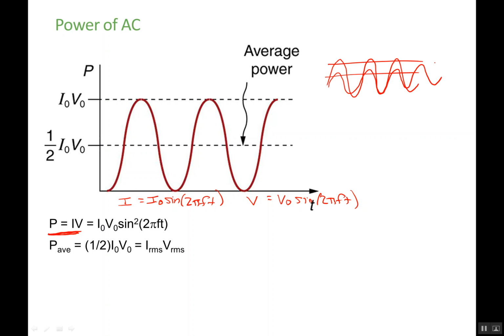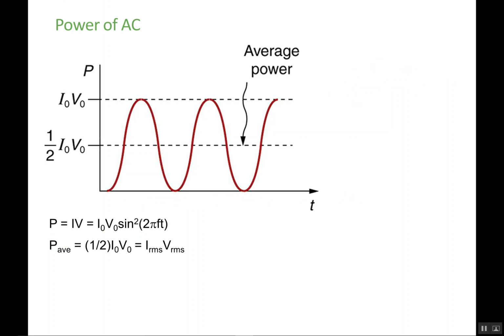That's not always the case, but let's assume that it's the case for right now. So if you calculate the power of an AC signal by multiplying I times V, you end up with this thing that you need to evaluate in order to figure out the average, because the power is changing as a function of time, but we can think in terms of the average.